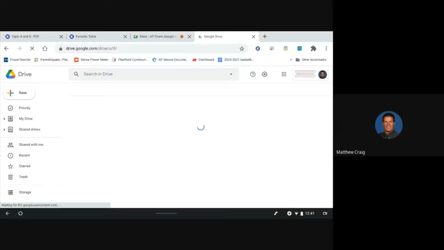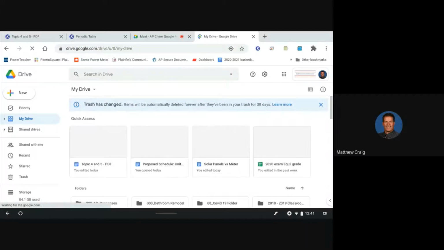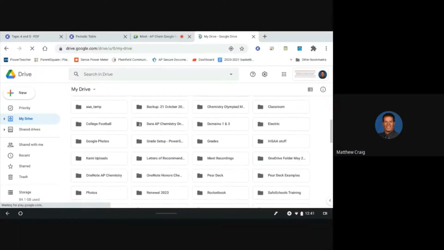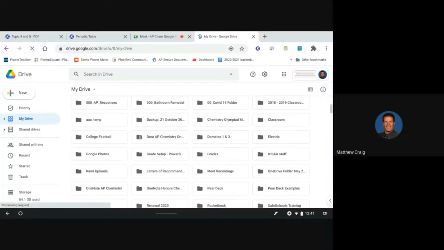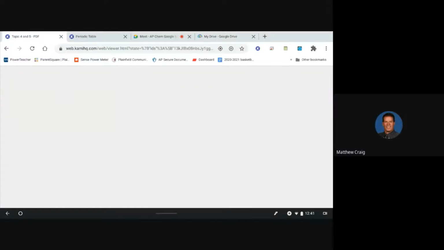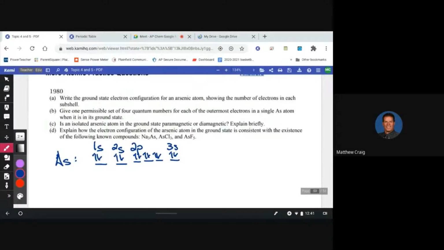It didn't say do the shortcut one, did it? It's not open. There we go. I think that's good.